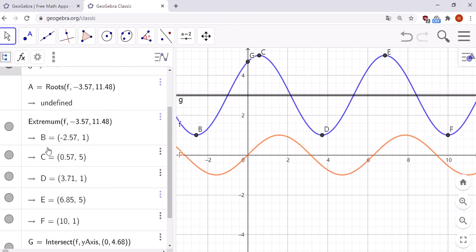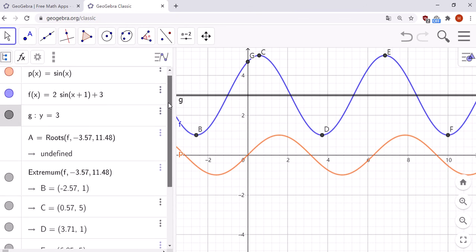Because k is 1, its period is the same, 2 pi. If you only change A, C, D, then for D, this moves left 1 unit, and C is 3, so it moves up 3 units. They change the maximum point and minimum point, and the period is the same.